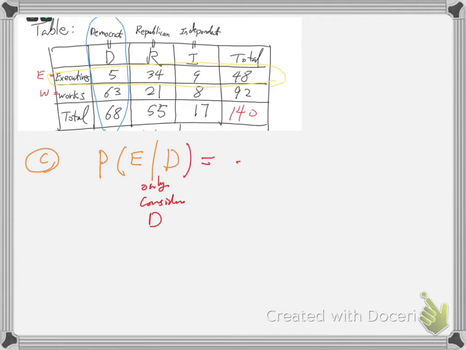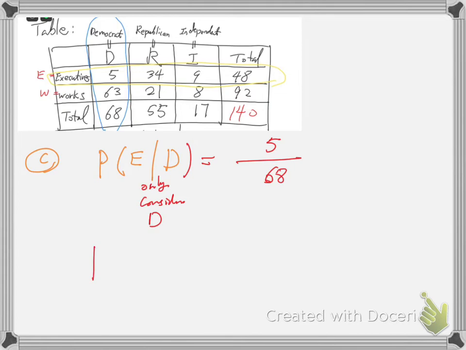So now the row total will be your denominator. We only consider those 68 employees, and among those 68, 5 of them are executives, so in this row E is 5. We only consider D, and then among D, how many are E? That's the meaning.